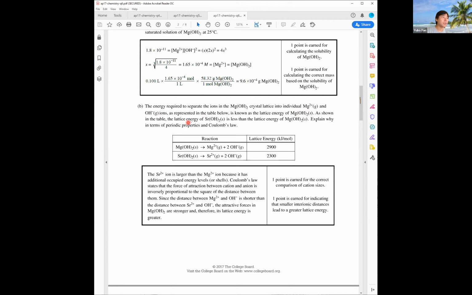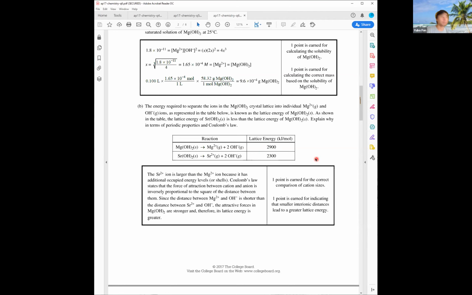As shown in the table, the lattice energy of strontium hydroxide is less than the lattice energy of magnesium hydroxide. Explain why in terms of periodic properties and Coulomb's law. So the lattice energy for magnesium hydroxide is greater than strontium hydroxide.